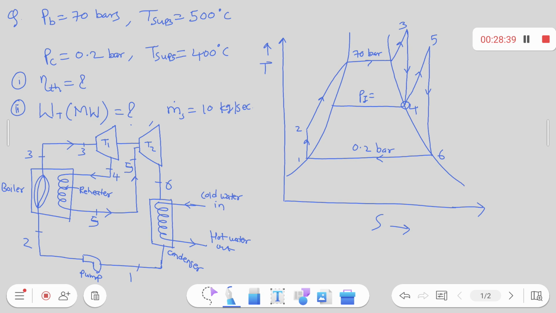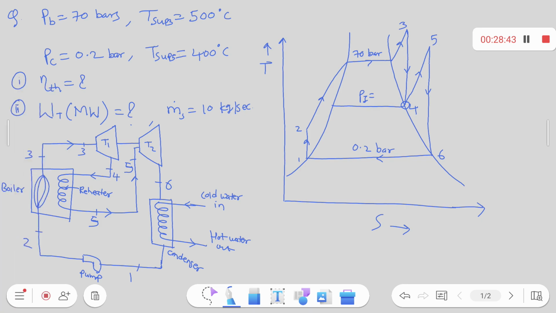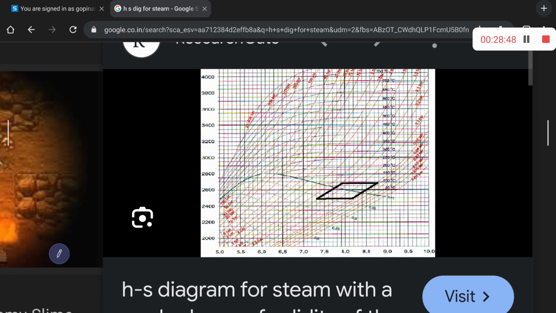So go to the HS diagram. I have located point 4. Check this pressure line. How much is this pressure line? 5 bar. So intermediate pressure is how much? 5 bar. Okay. So from the HS diagram, we will get the intermediate pressure.